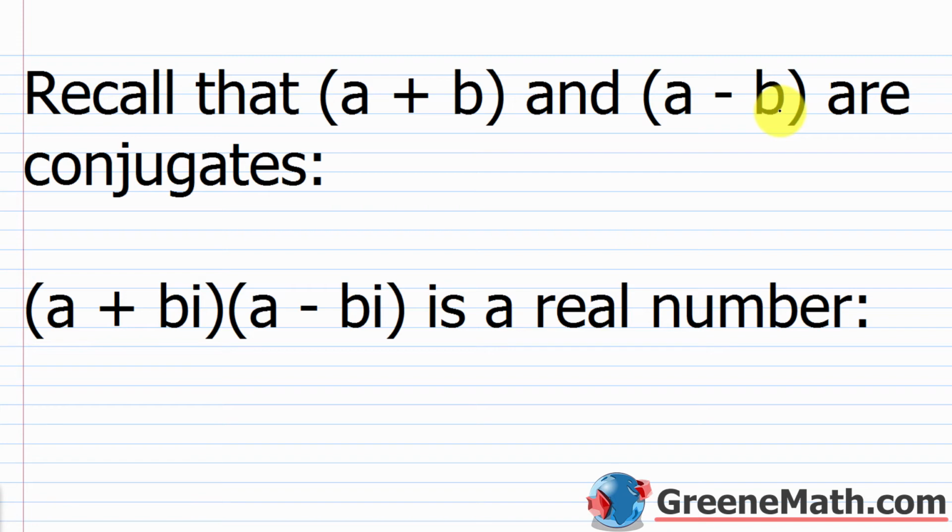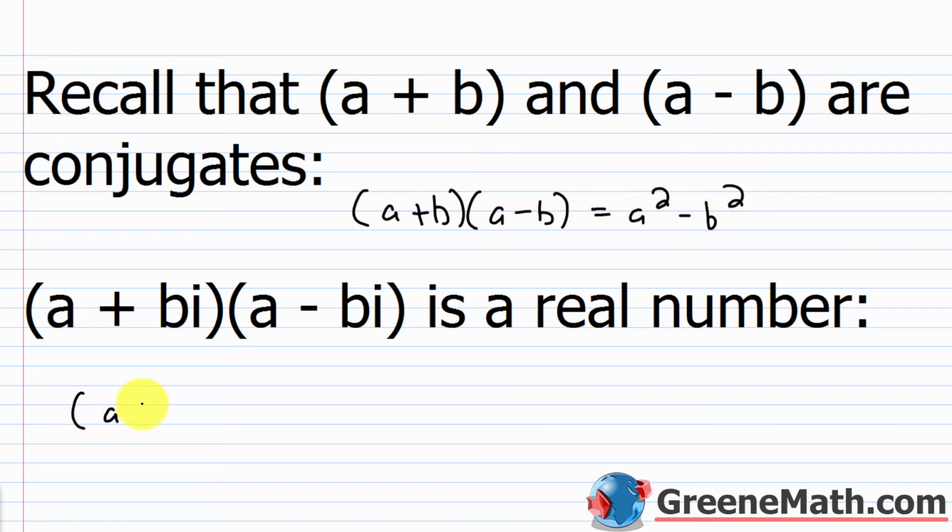It's not going to be any different when you're working with complex numbers. So here you'll have a complex conjugate. So a plus bi times a minus bi, those two are complex conjugates, and the result is a real number. Now normally if you have a plus b multiplied by a minus b, you get a squared minus b squared.